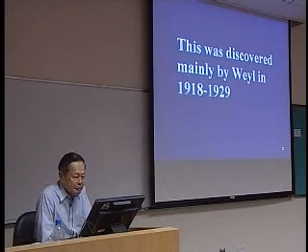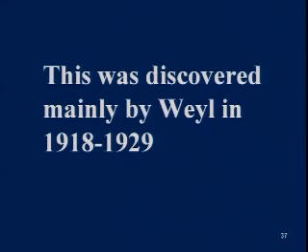This was discovered mainly by Hermann Weyl in the years 1918 and 1929. Hermann Weyl was one of the great mathematicians of the 20th century. At the beginning of the 20th century, the two leading mathematicians were Hilbert and Poincaré.